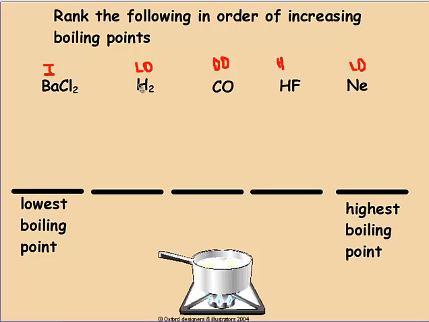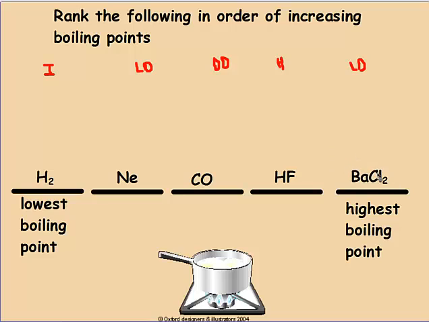So because helium has fewer electrons, it would have the lower IMF. Then neon. Dipole-dipole is the next one because hydrogen bonding is stronger than dipole-dipole, and ionic should be the highest.